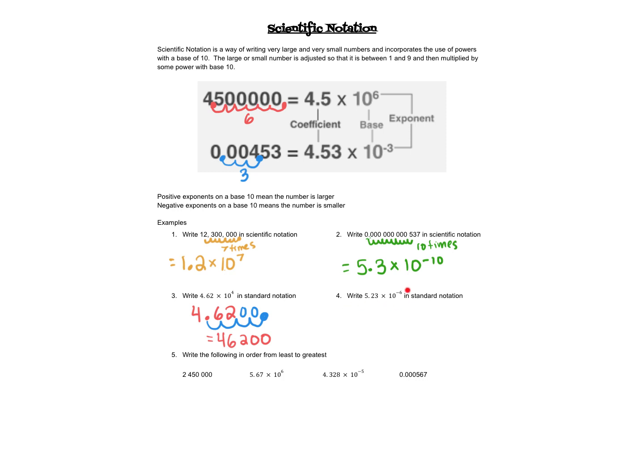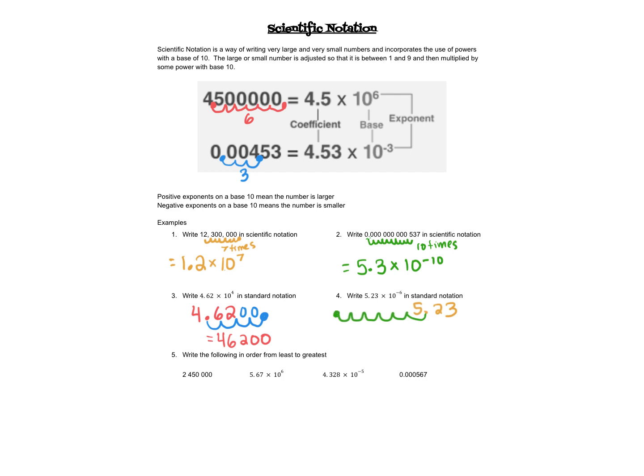For example 4, the exponent is negative, which means this is going to be a small number, which means the decimal will have to move to the left. So you're going to start with 5.23, and you're going to move the decimal to the left 6 times. So 1, 2, 3, 4, 5, 6.